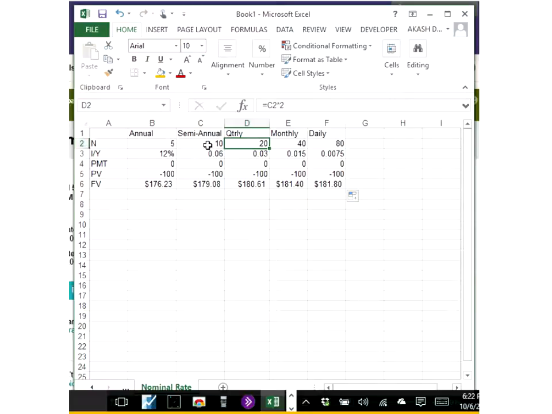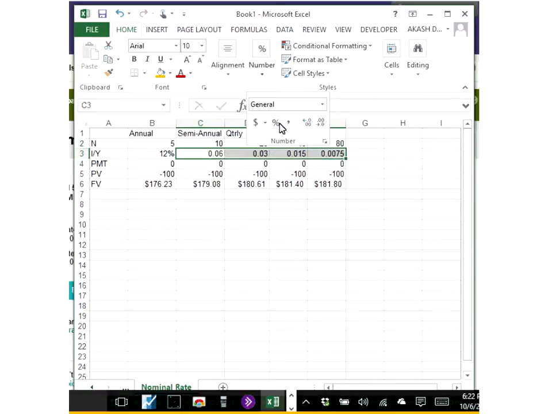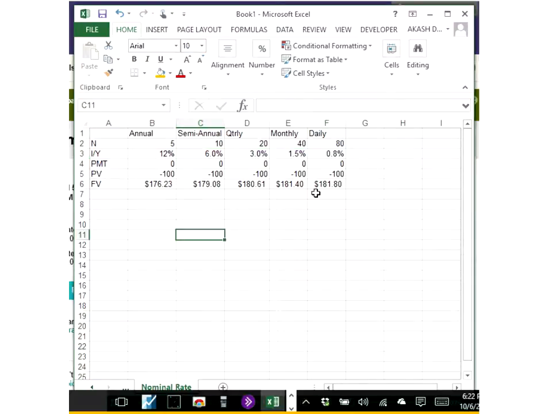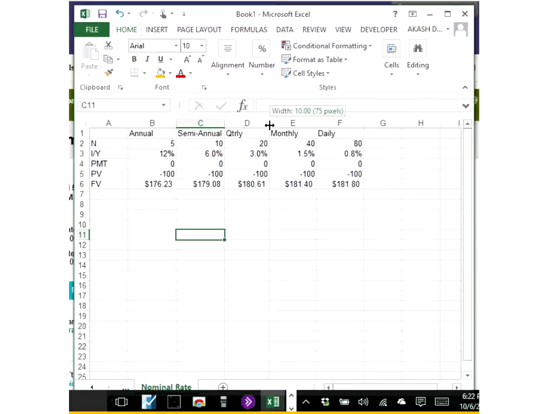So this is 5 multiplied by 4, which is now going to be 20. The rate is going to be 3%, just to make it clear for everyone. I'll just put it in percentage terms. So payment is still 0. Present value is 100, and you can see how the rates have changed. The final amount has changed.